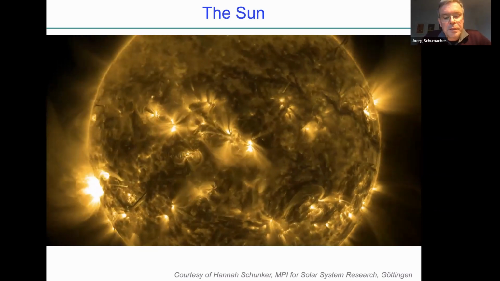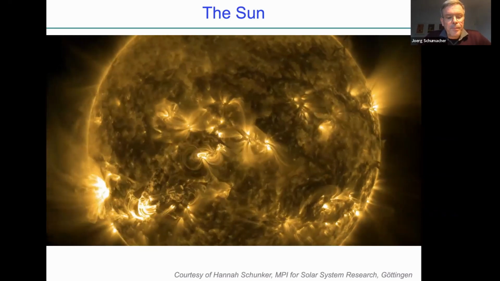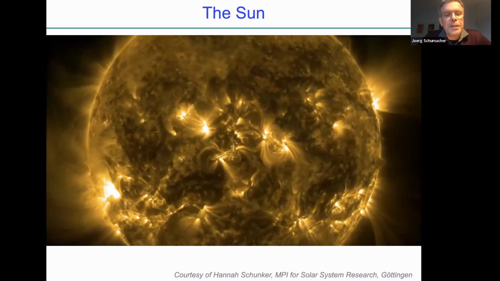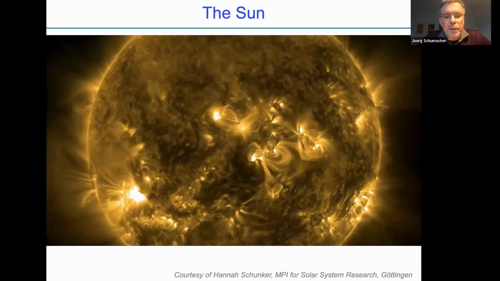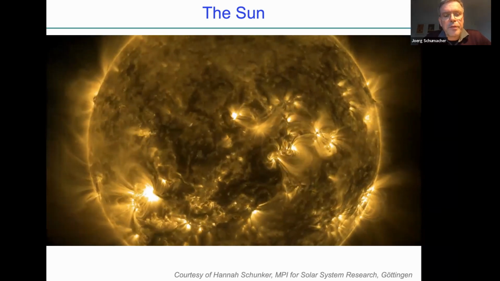As you can see, this is the sun observed from a satellite, and we observe an extremely complex surface behavior.